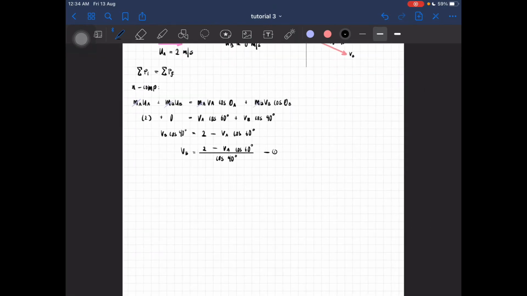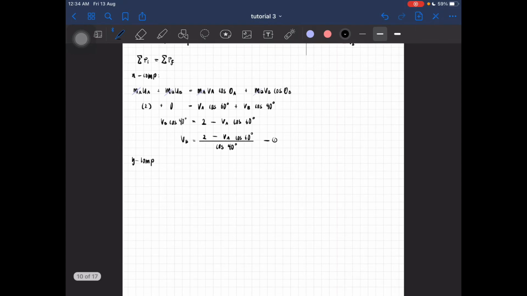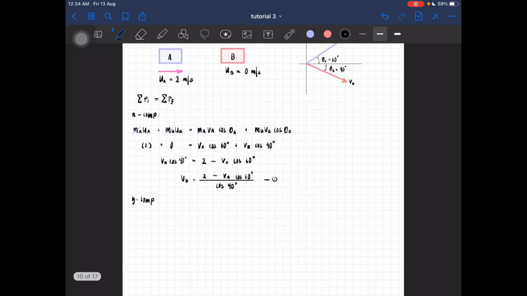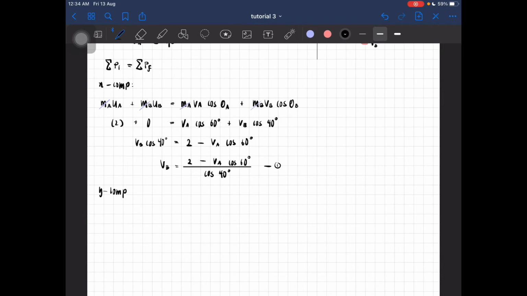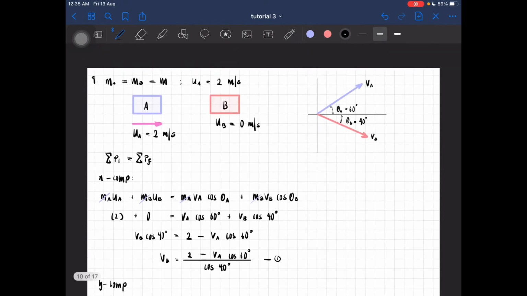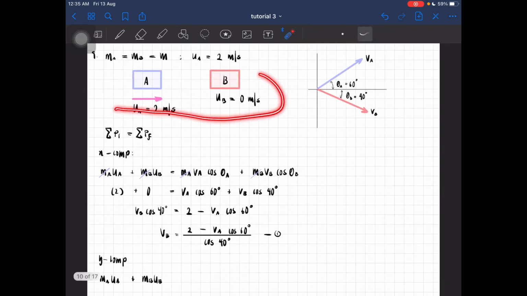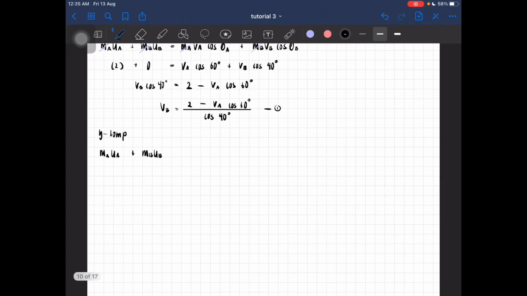Now we can look at the y component. For the y component, I'm just going to continue writing MA UA, even though it is 0, plus MB UB, but it is going in a straight line, so there will be no y component actually. I'll equate that as 0 later on.